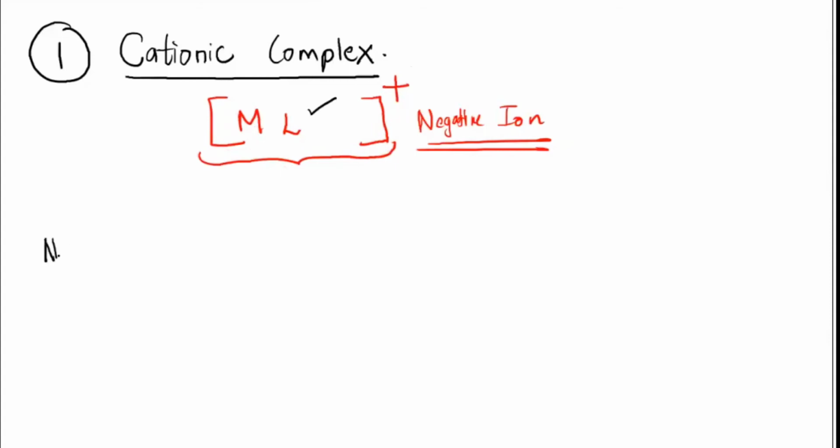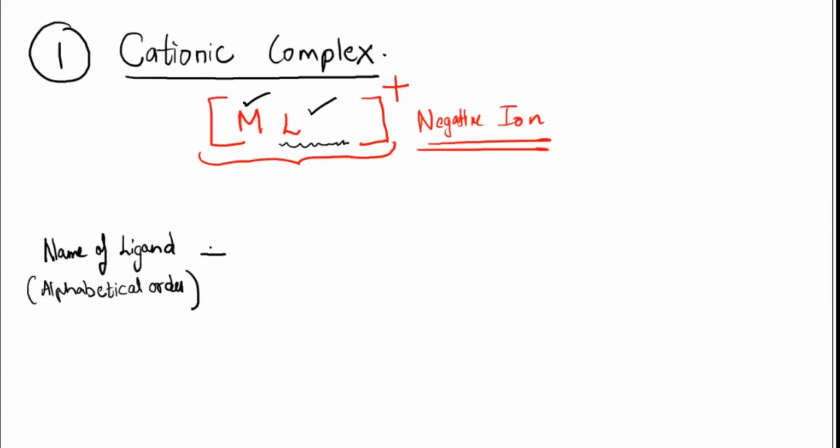So first the name of the ligand should be written, and that should be in alphabetical order. After you have named the ligands, then you will go to the metal part.